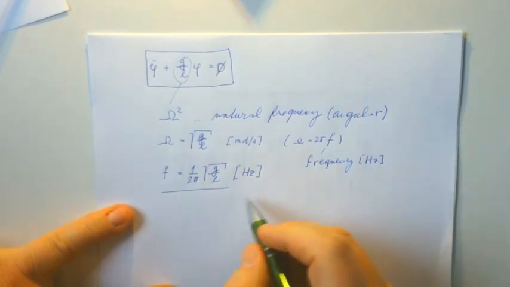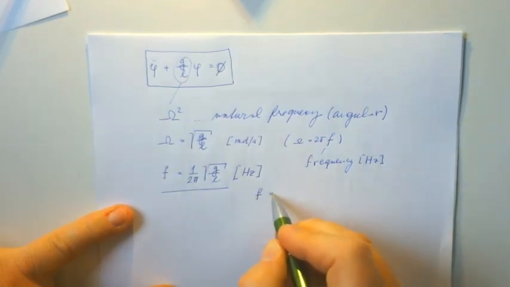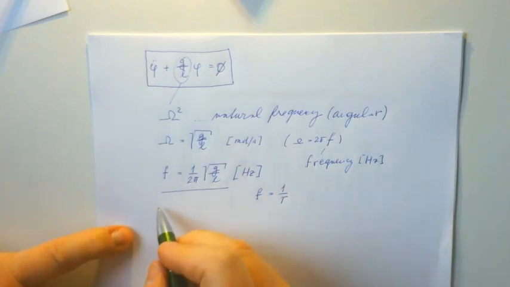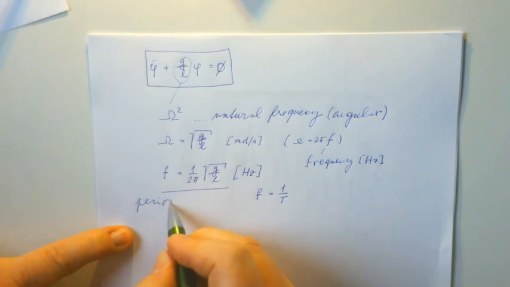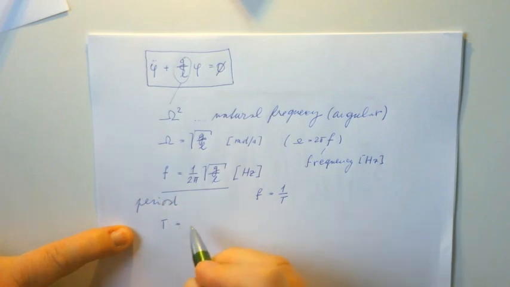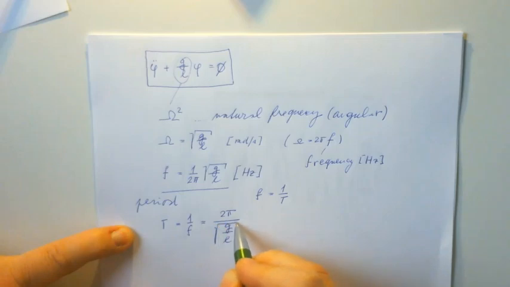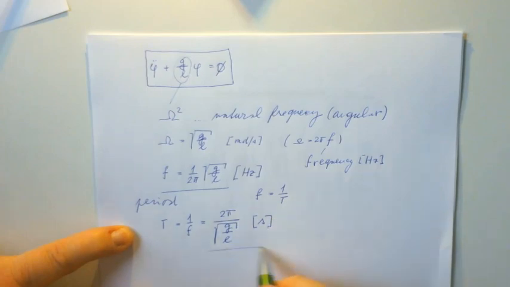And we know that frequency is the inverse value of period. So the period T is equal to 1 over f, and it is 2 pi times the square root of L over g, and it is in seconds. So this is the period.